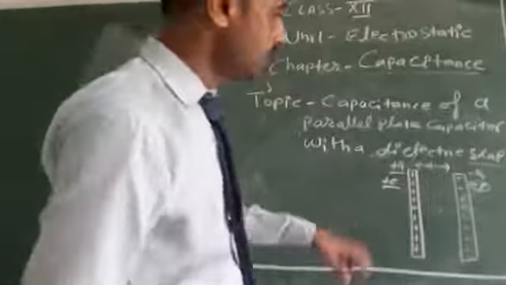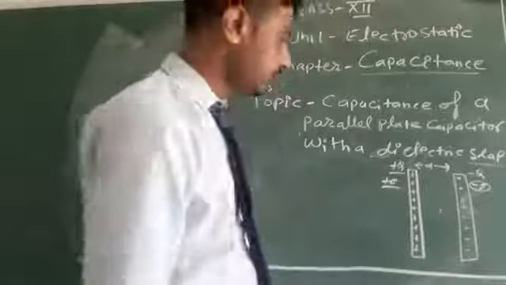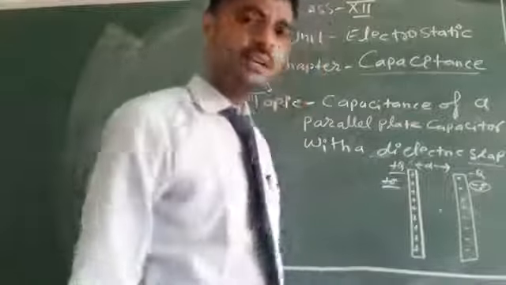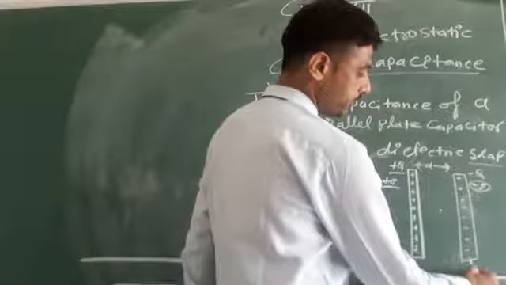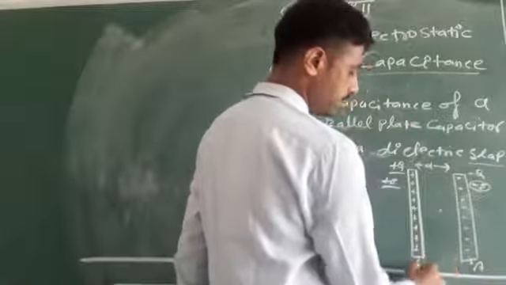Let this plate have charge plus Q and this plate have charge minus Q. The charge density of this plate is plus sigma and of this plate is minus sigma. So I hope you understand this. This is the parallel plate capacitor. The separation between the plates is small d and the area of each plate is capital A.